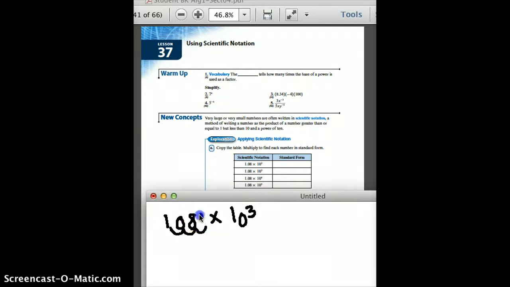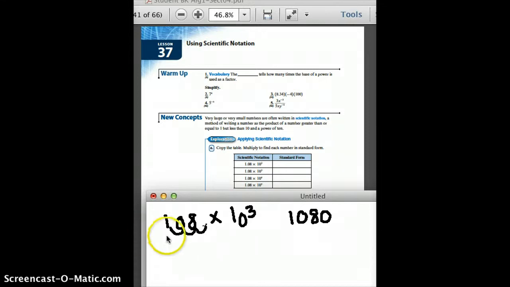A 0. So your standard form should be 1080. Okay, 1080. Let me just erase this. Okay, so that's 1.08 times 10 to the third becomes 1080.